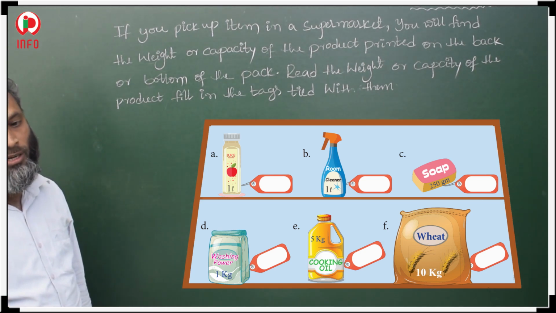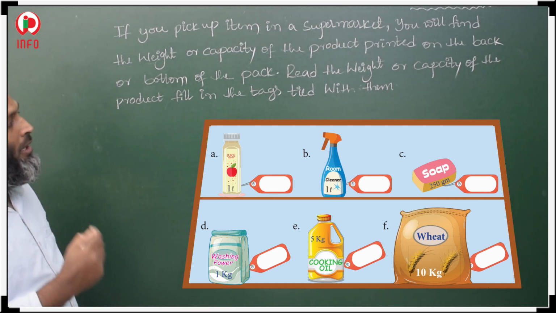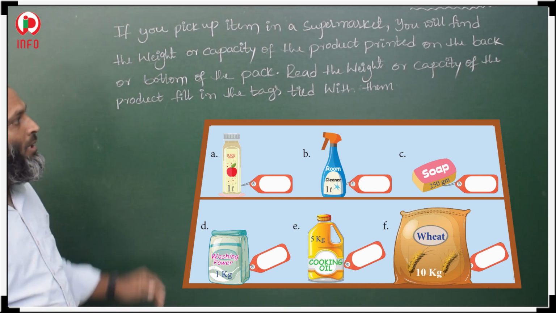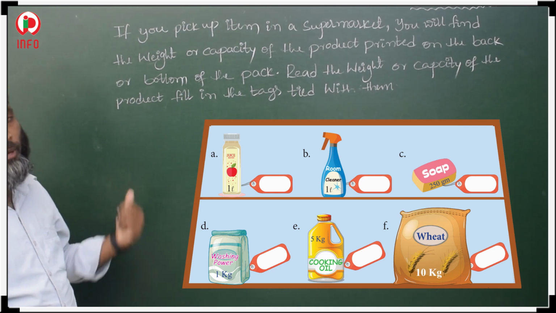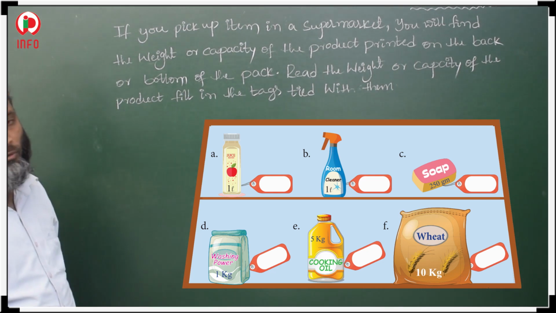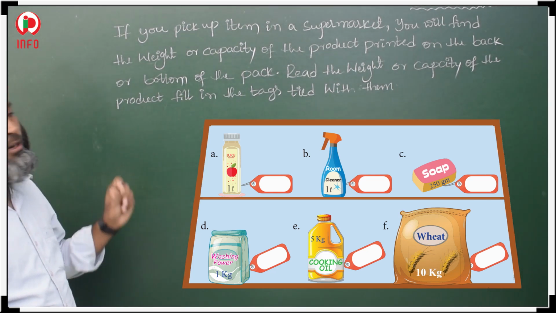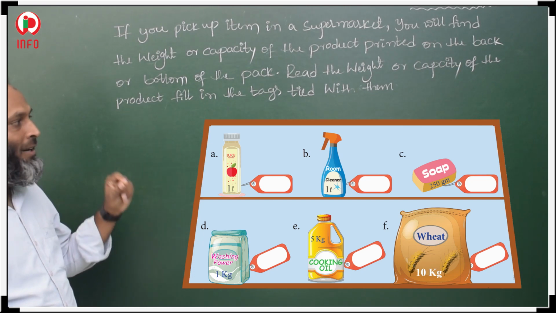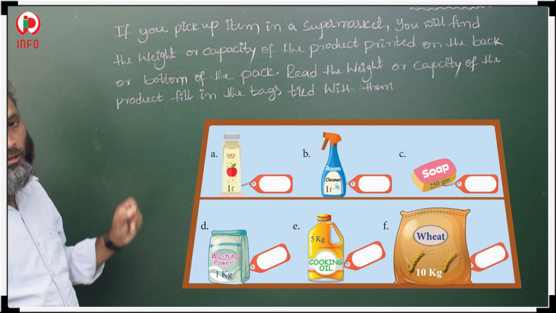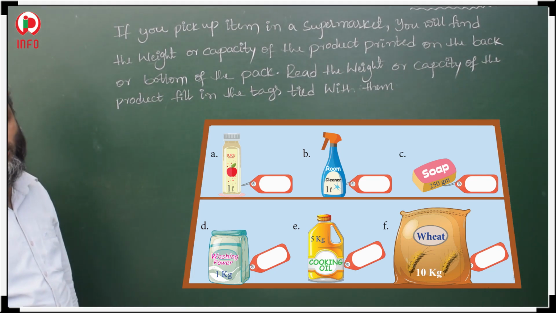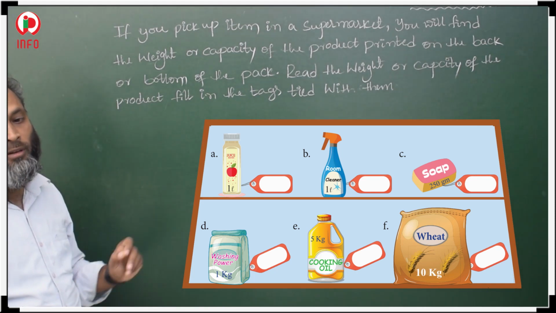The weight or capacity is printed on the back or bottom of the pack, so first you read it, and then you should write the weight or capacity on the tag.